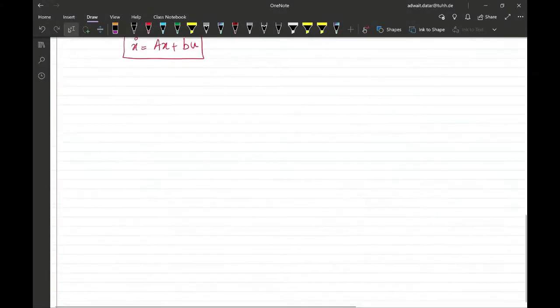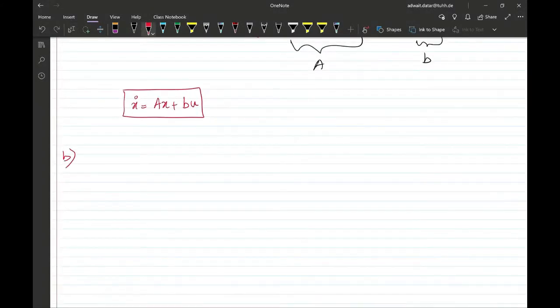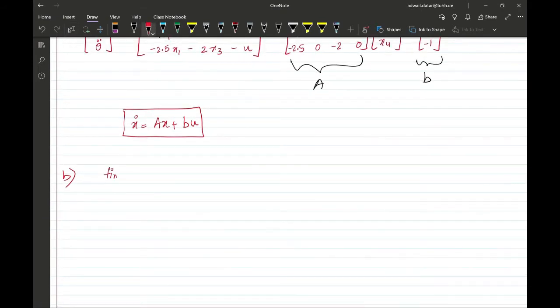Now once we have that, we are supposed to design an optimal controller with a time constant of 1/3.